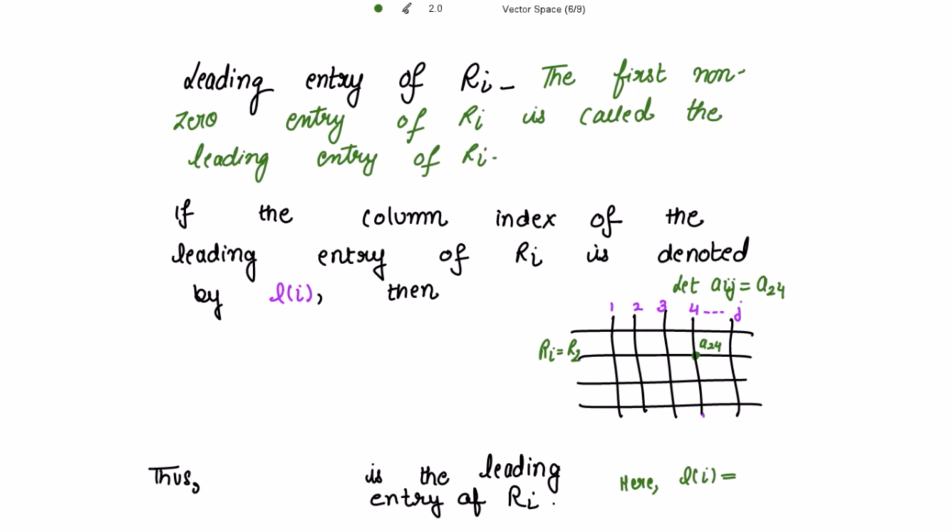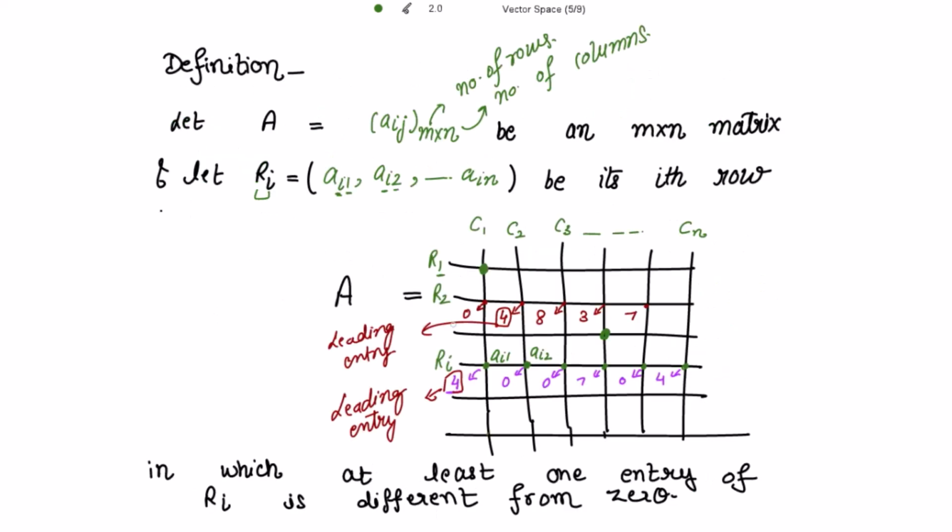Okay. Now, if the column index of the leading entry of Ri is denoted by Li, suppose for the second row, the leading entry is 4, right? So the column index for this leading entry will be denoted by Li. Because i is 2, the column index will be L2. And for the ith row, if this 4 is the first non-zero entry, that is the leading entry, then the column index of 4 is Li.